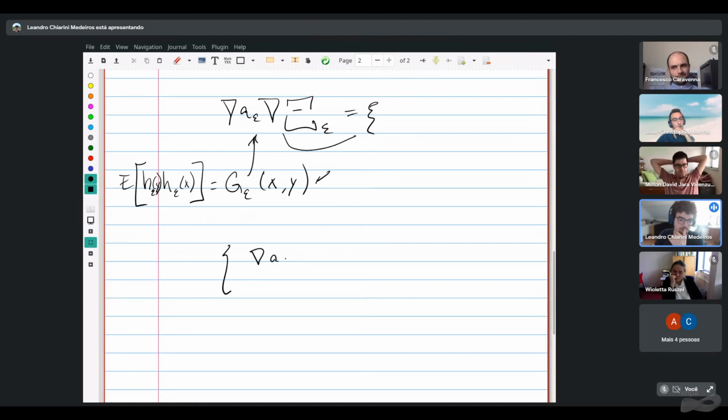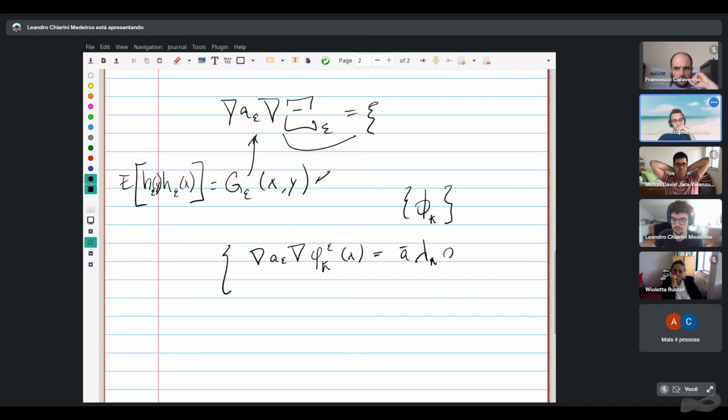And the idea is basically using that. If you have the Laplacian on some domain, you know that there is an orthonormal basis for it, right? Then you can just try to solve these equations with eigenvalues lambda k times the basis function, and equal to 0 on the boundary.